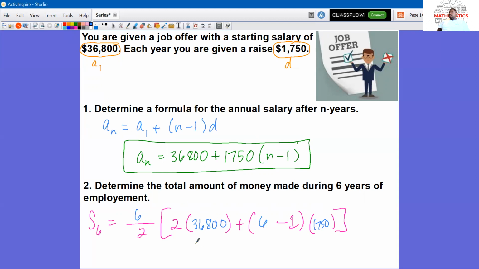So you would have made 247,050. Over 6 years, you made $247,050. So again, these are some of the applications you can see for arithmetic sequences. You want to find the total amount of something.